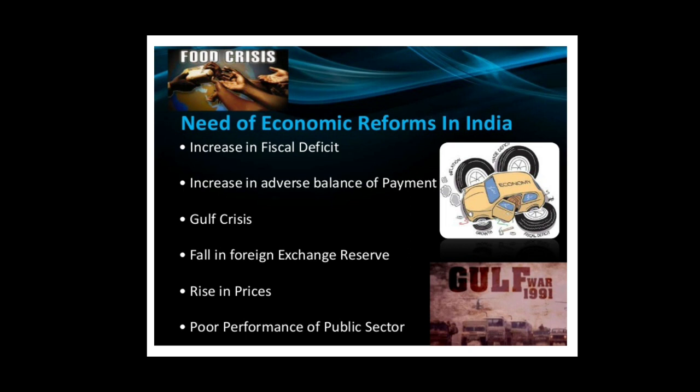Students, on account of the Iraq War in 1990-91, world oil prices increased drastically and remittances from Indian workers in the Gulf region fell sharply as many of these workers left the region due to war. The Gulf War thus further worsened the balance of payment crisis and compelled the Indian government to opt for economic reforms.